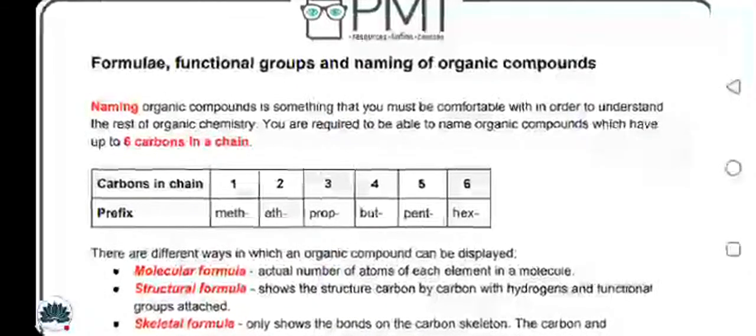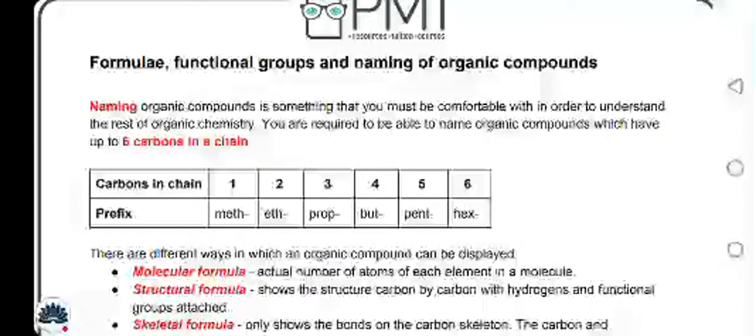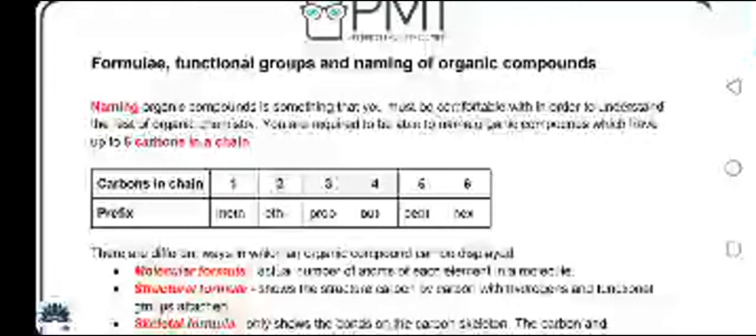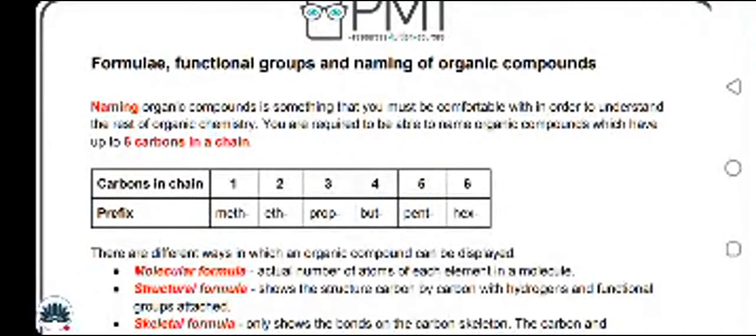This is the formula, functional group and naming. Naming organic compounds is something you need to be comfortable with in order to understand the rest of organic chemistry. You are required to be able to name organic compounds which have up to 6 carbons in a chain.